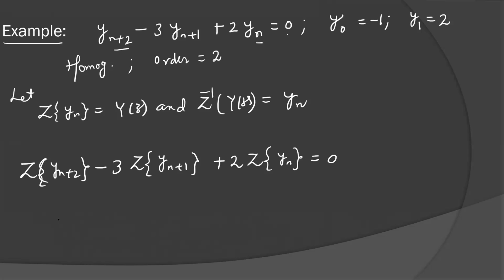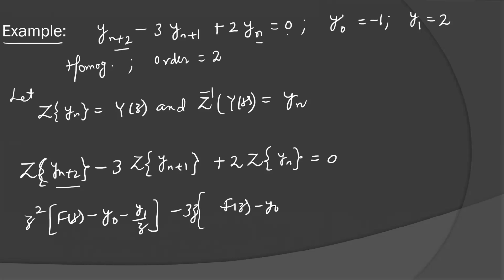The Z transformation of 0 will be 0. What is the formula for it? It is z square Y of z minus y0 minus y1 z, minus 3 into z Y of z minus y0, plus 2 Y of z equal to 0.